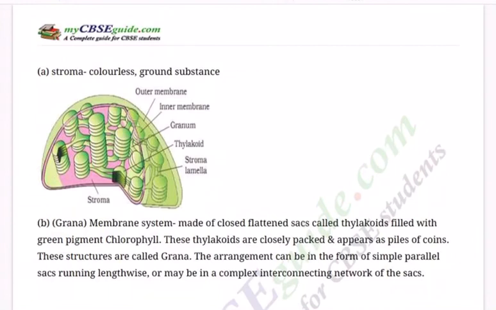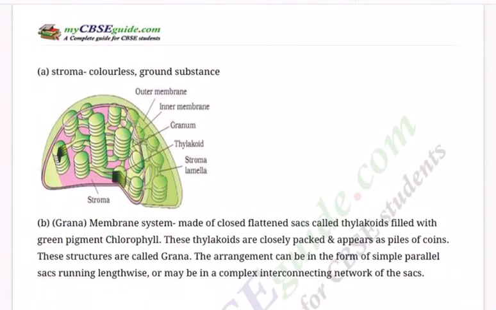Now here you must remember, just like a 50 paisa or 1 rupee coin shape, that's the thylakoid. So when you keep 1 rupee coins, let's say you have got 10 coins, one above the other, that becomes a granum.